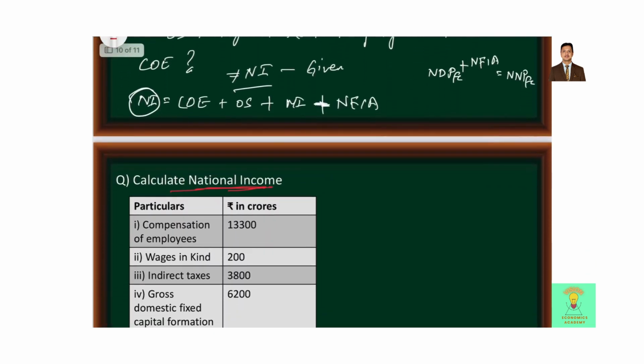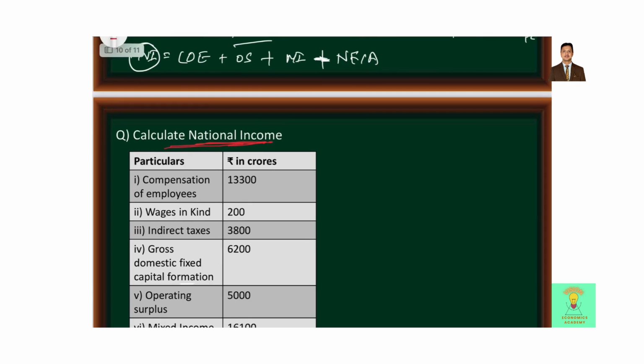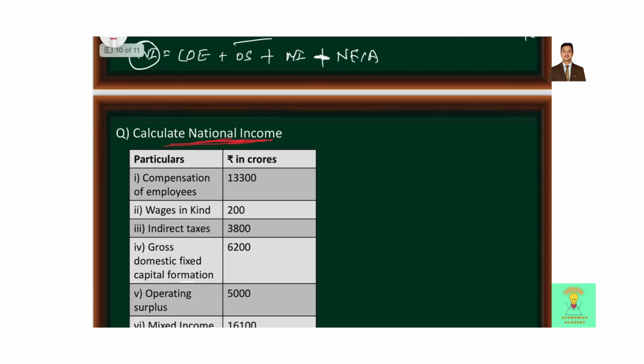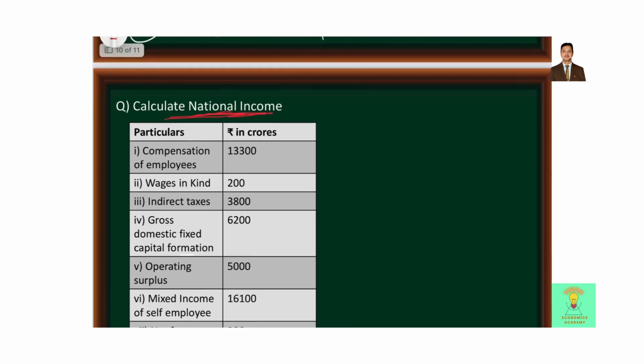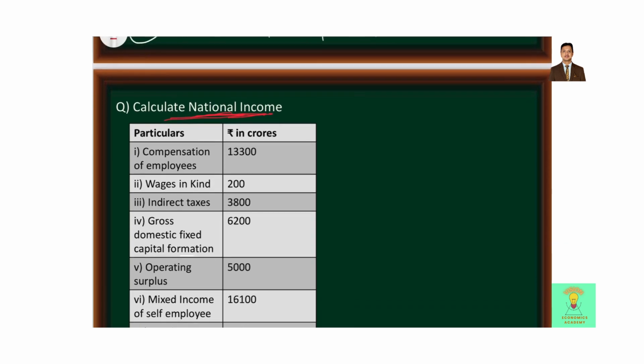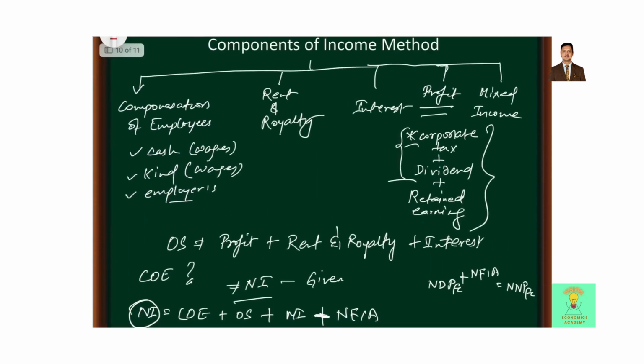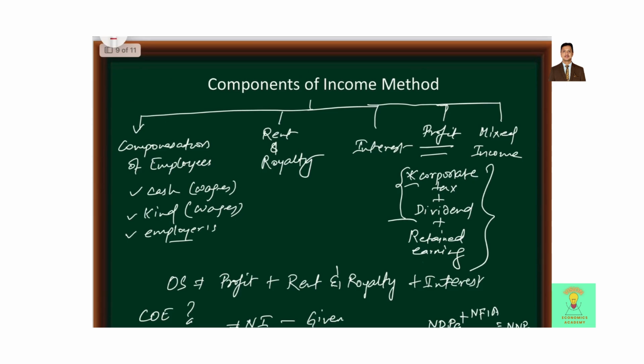Now let us calculate the national income by income method, which will help us to understand the income method even more, right? Now the question asks us to find the national income. National income is nothing but NNPFC. All these components of the national income will give us NDPFC.